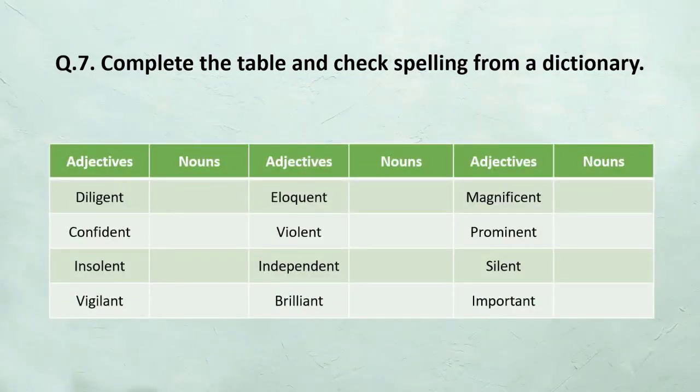So, students, the first adjective is diligent, second is confident, third one is insolent, fourth one is vigilant, fifth one is eloquent, sixth one is violent, seventh one is independent, eighth one is brilliant, ninth one is magnificent, 10th one is prominent, silent, 11th number, and 12th is important.